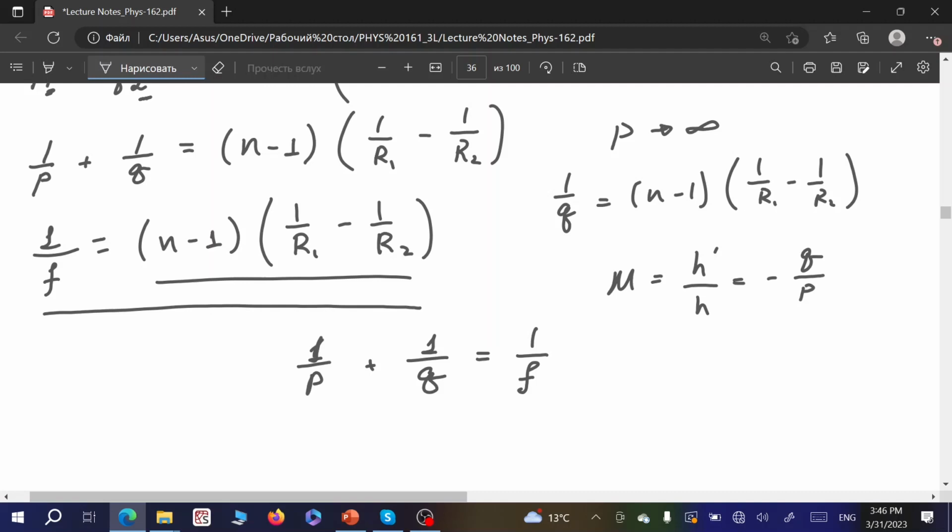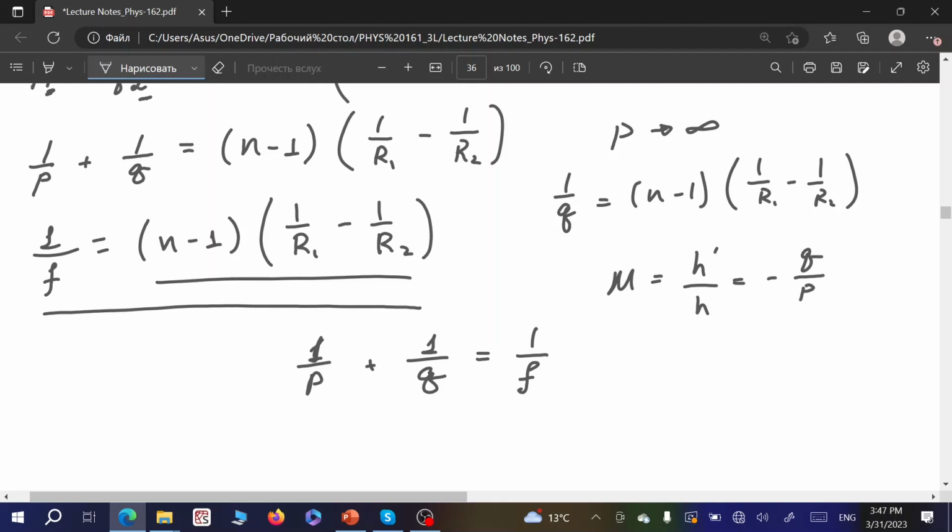As you see, this expression for focal distance is located on the right side of the equation. It has nothing to do with p. That's why we wrote here 1 over focal distance is equal to 1 over p plus 1 over q. If p is infinity, then this will be 0, and 1 over q will be equal to 1 over f.